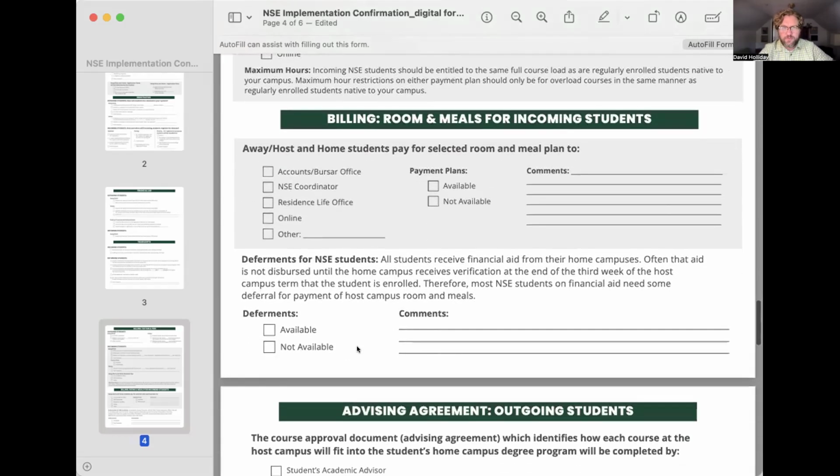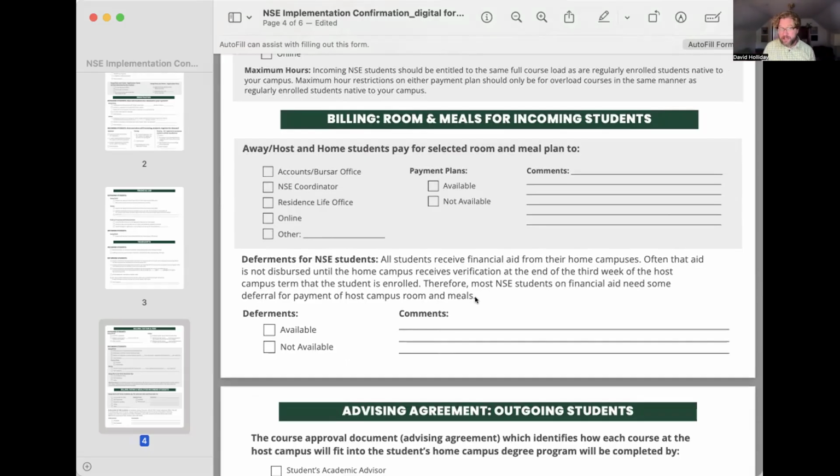Billing room and meals for incoming students. One thing that I encourage that's not outlined here, I think it's implied, is that we really want host campuses to offer on-campus housing and have a reserved number of spaces available for NSE students. I'm able to negotiate on my campus 15 spaces reserved for NSE students every semester.